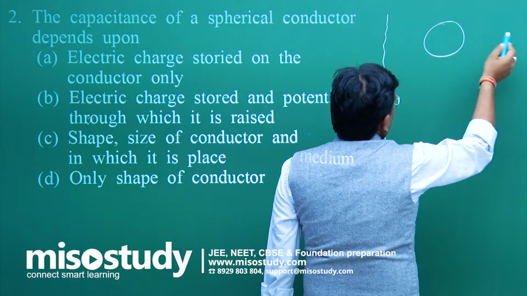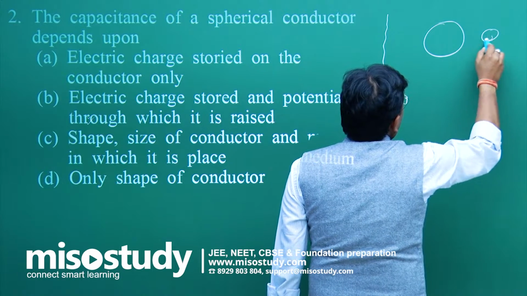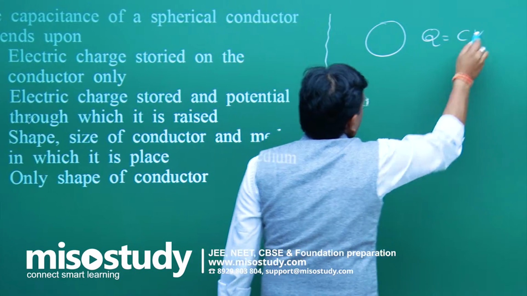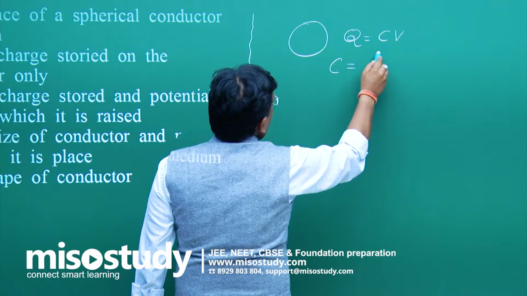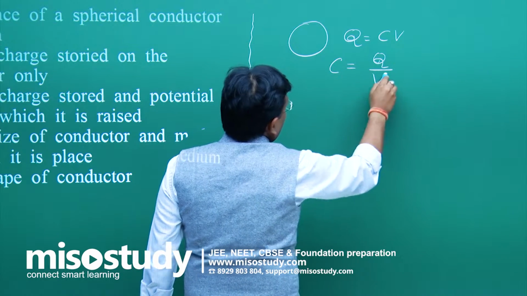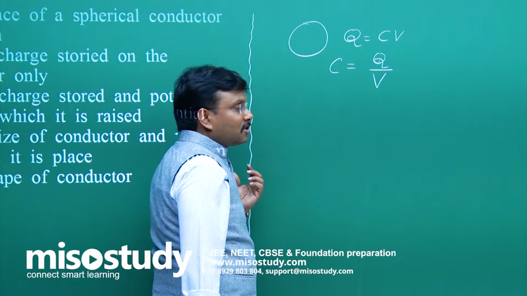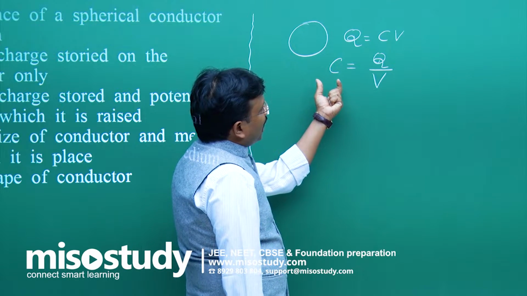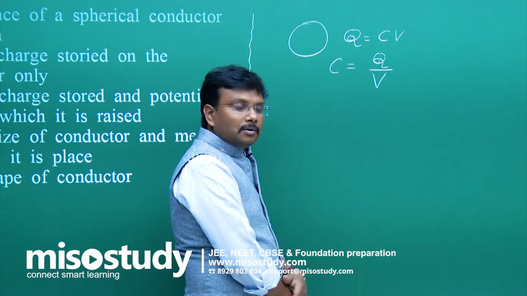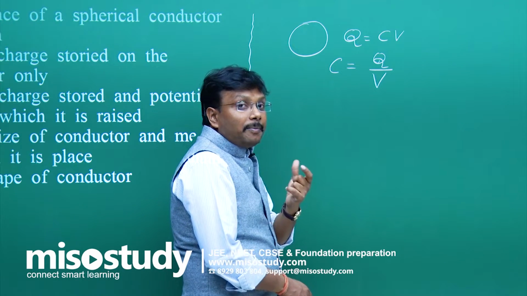Okay. So Q is equal to CV is a correct formula. Fine. And C is equal to Q by V. Just 2 minutes back we completed this discussion. Okay. Now we have to find out on what values, I mean these parameters, C depends.